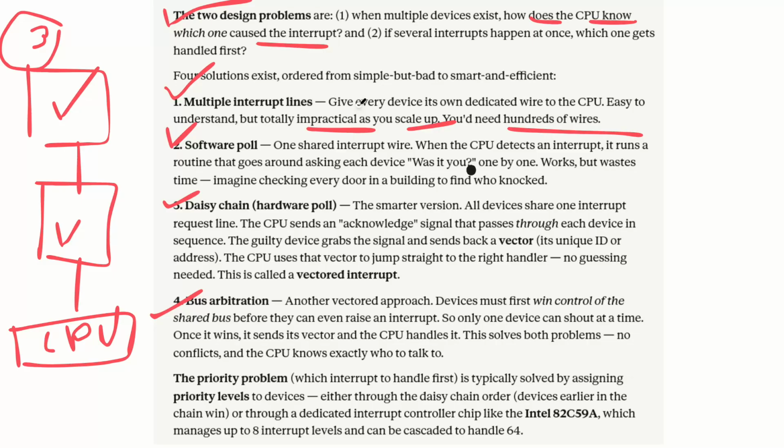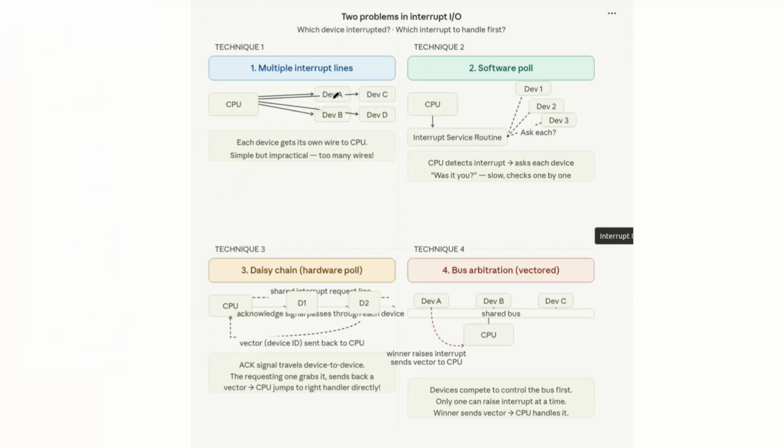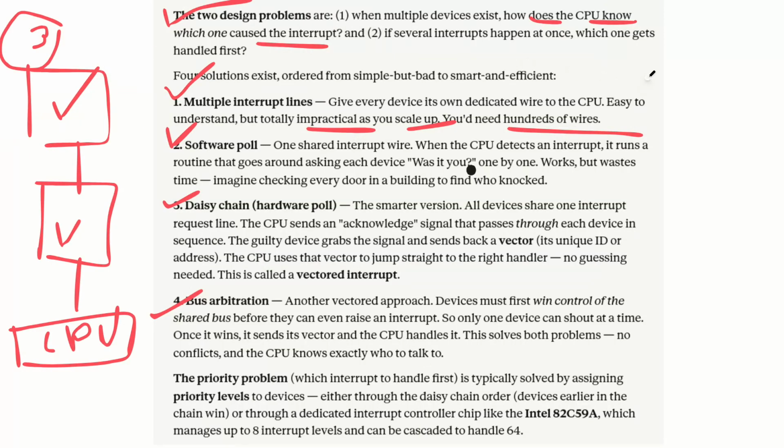Each device is attached to the CPU by a wire, but it's impractical because we have a lot of external devices, so a lot of wires would be required. This is called multiple interrupt lines.